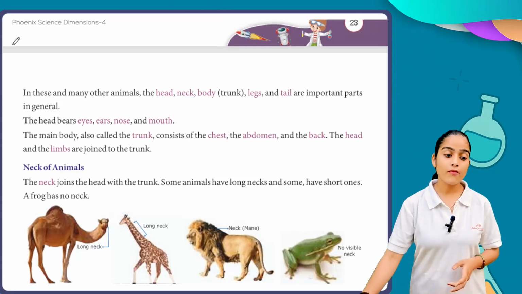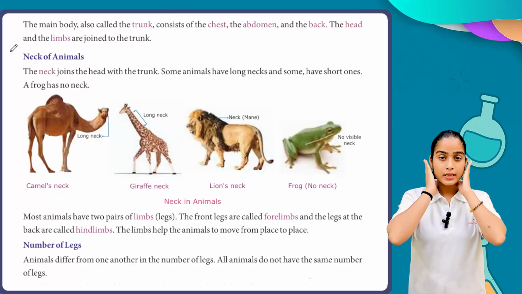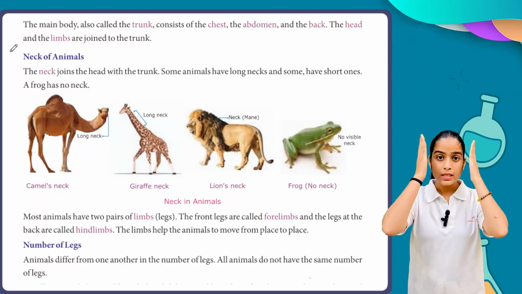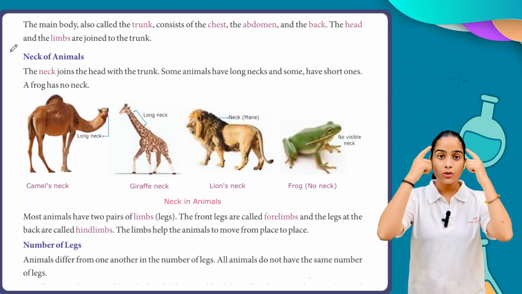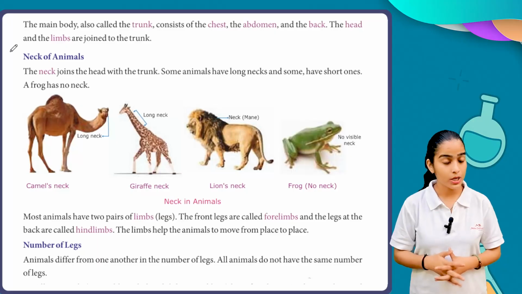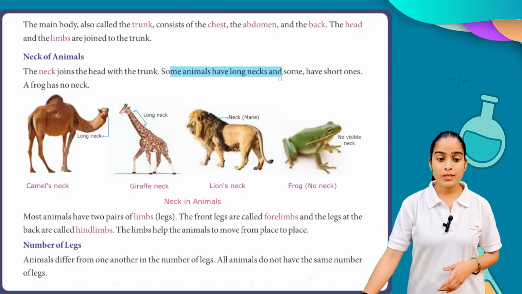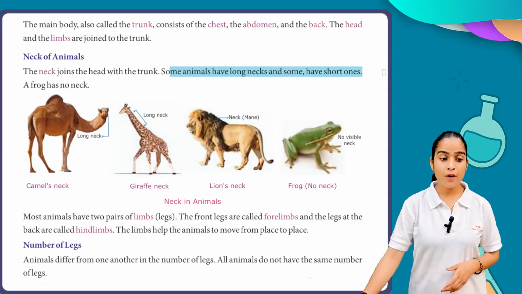Now, the neck of animals. The neck joins the head with the trunk. This is our neck and this is our head, and this neck joins our head to our body. The rest of the body is referred to as the trunk. Some animals have long necks and some have short ones.